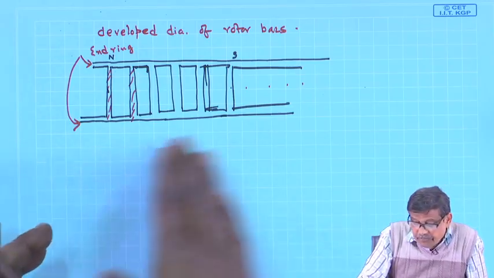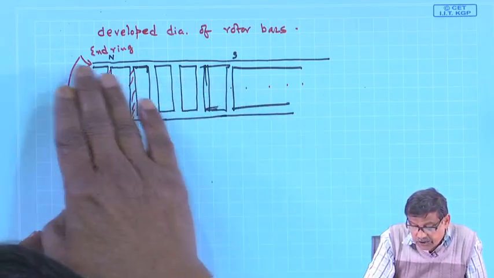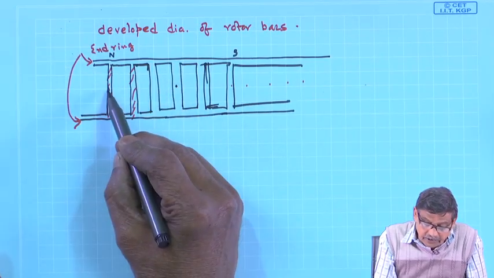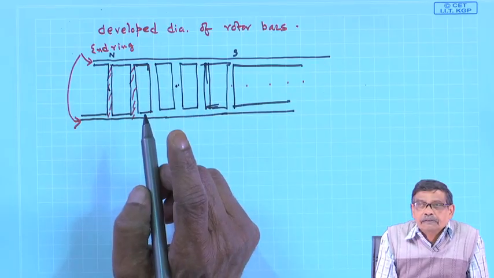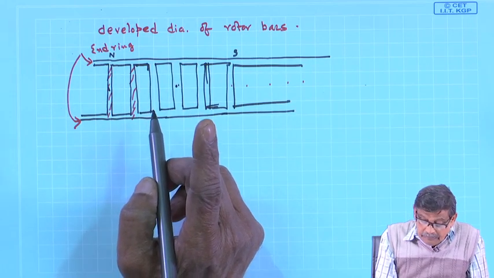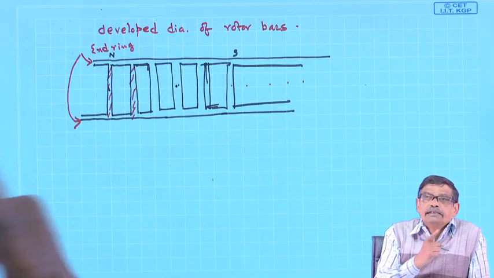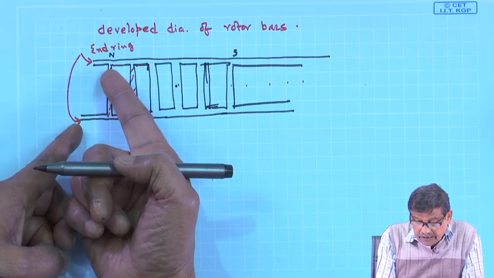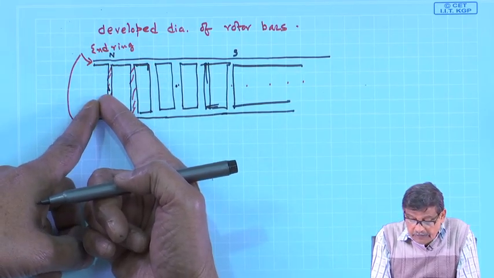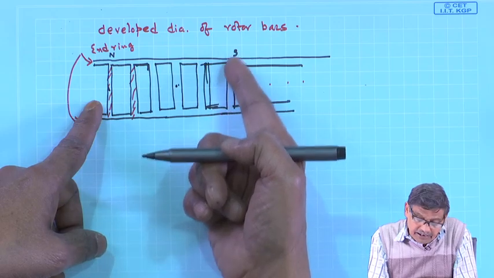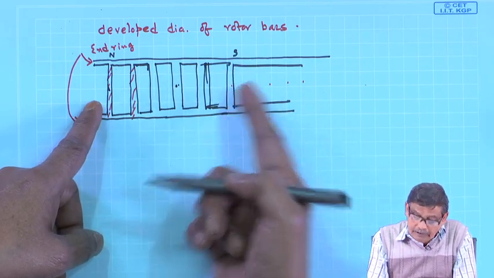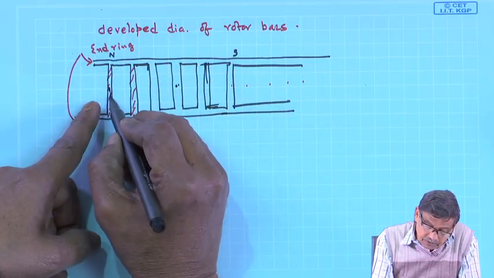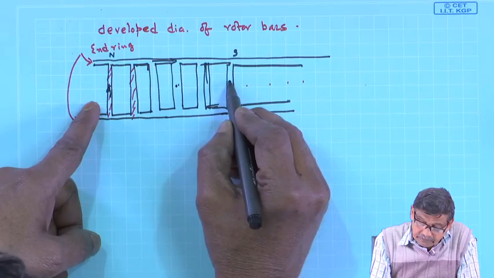But here, because all the coil ends are shorted, no one knows whether this fellow will act as the return conductor of this fellow or not. It will be decided solely by the stator number of poles. If this is under the center of the north pole, you will find a bar exists which will be under the center of the south pole. Both of them will have the same induced voltage, additive voltage, and current will return like this.